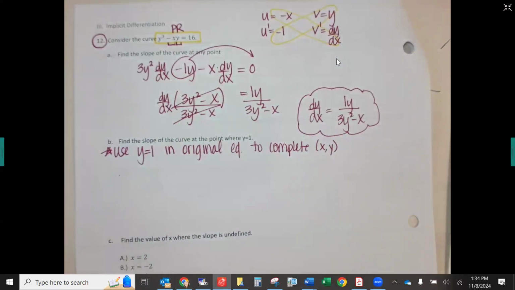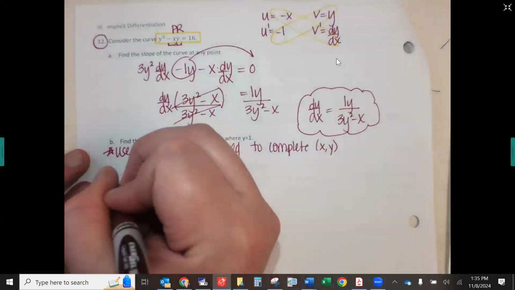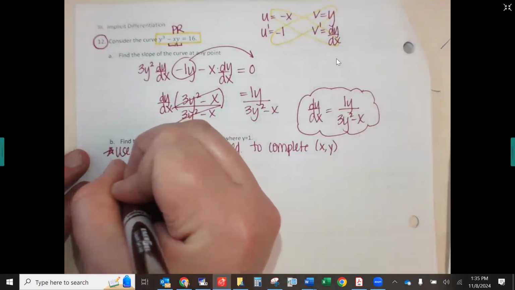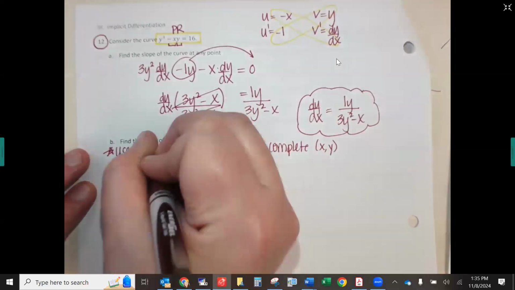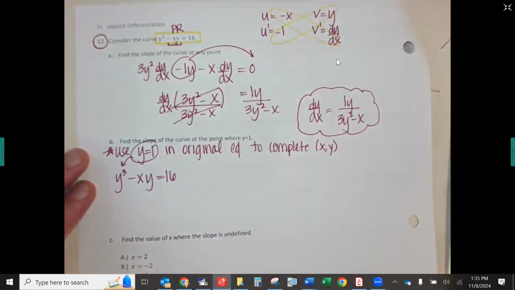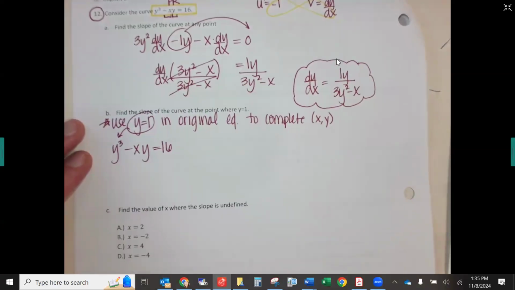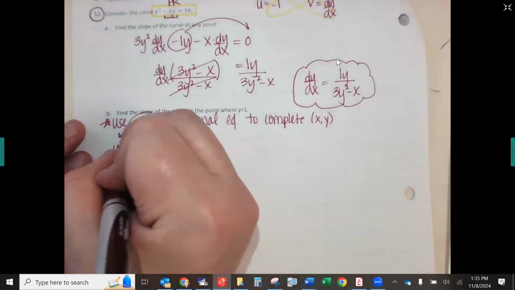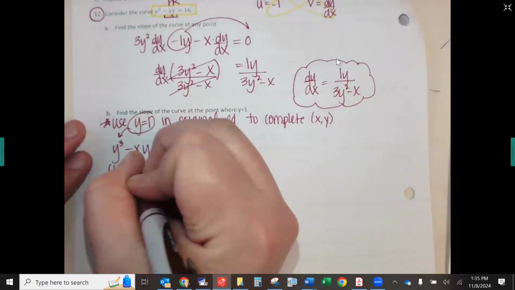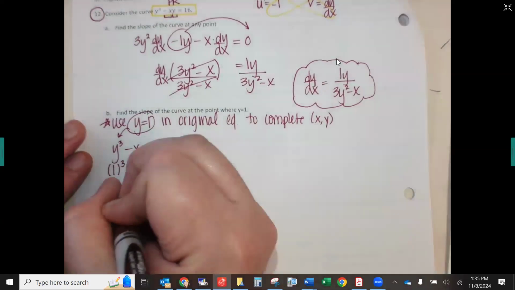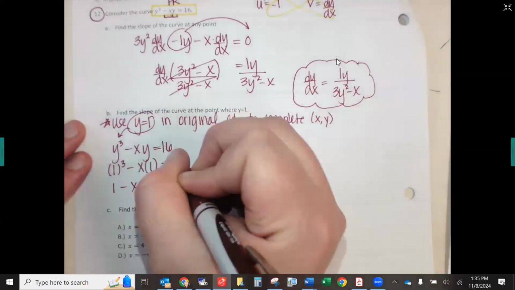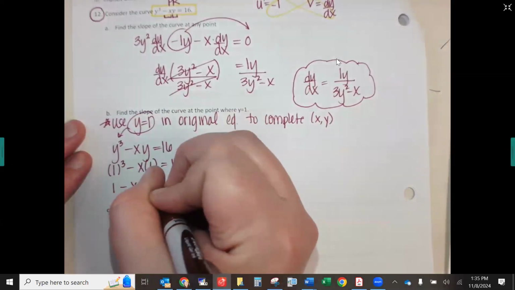So my original equation said y cubed minus xy equals 16. And now I'm going to take my 1 and plug that in. What is 1 cubed? Still 1. Minus x times 1 would be just x equals 16.